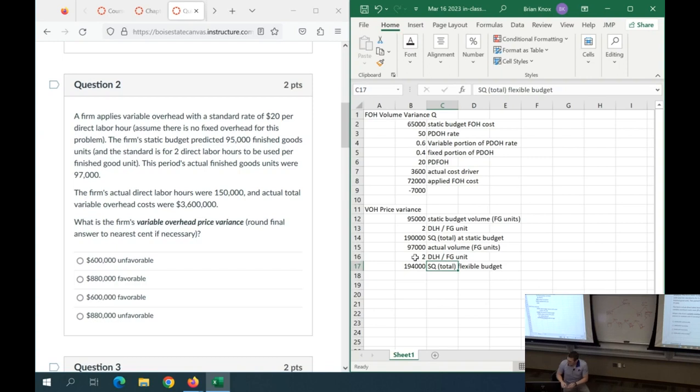Let's keep going. The firm's actual direct labor hours were 150,000, and the actual total variable overhead costs were $3.6 million. All right, so I gave you this square, 3.6 million, and I said that is 150K times the actual price. I didn't tell you the actual price, but I told you the actual quantity of hours used were 150,000, and it resulted in 3.6 million overall cost. So we can get the actual price out of here.